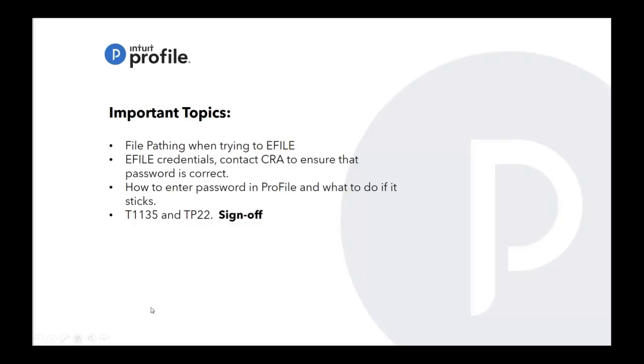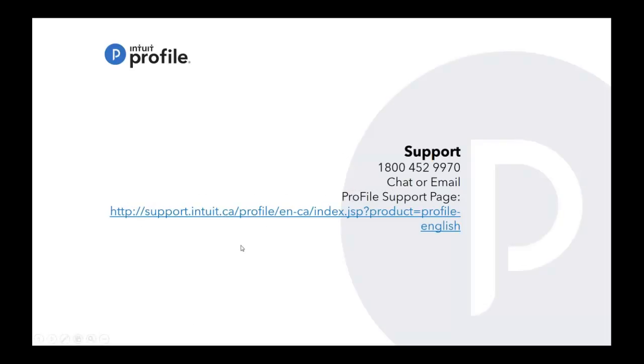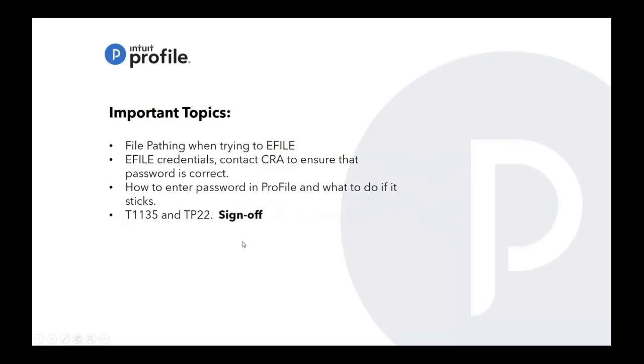Okay, and the last one I'm going to talk about is that currently we are experiencing some errors with the 1135. We're aware of it, and we have our developers working on a fix for the next release or an upcoming release sometime soon.